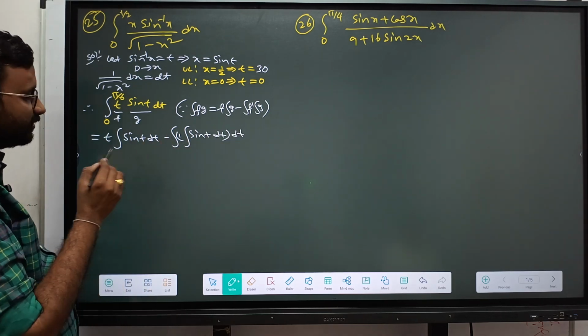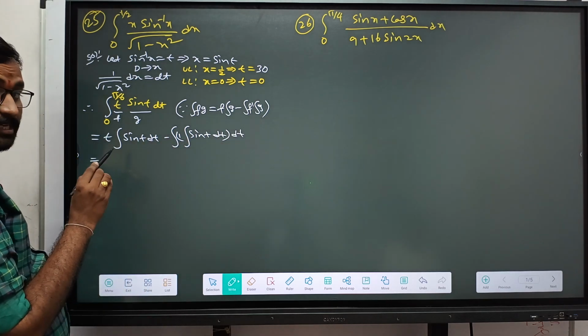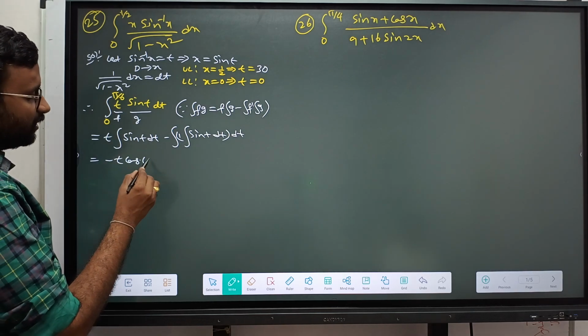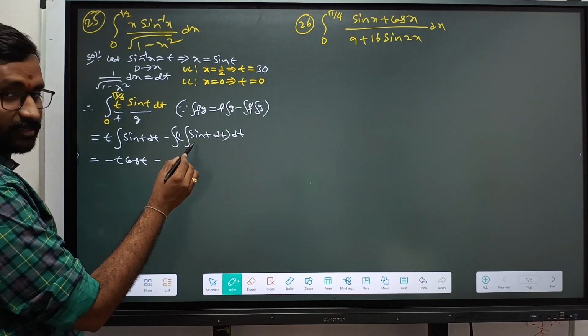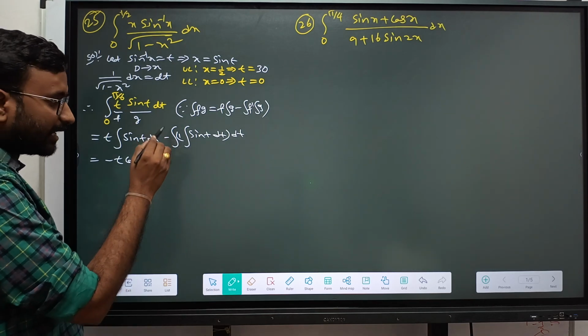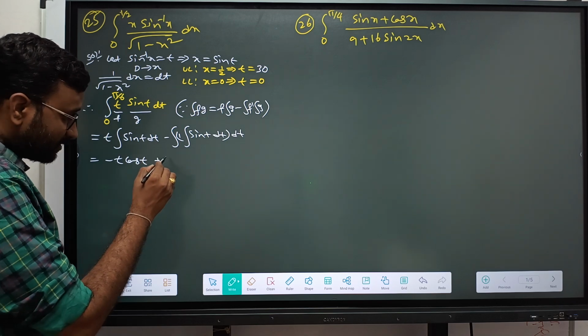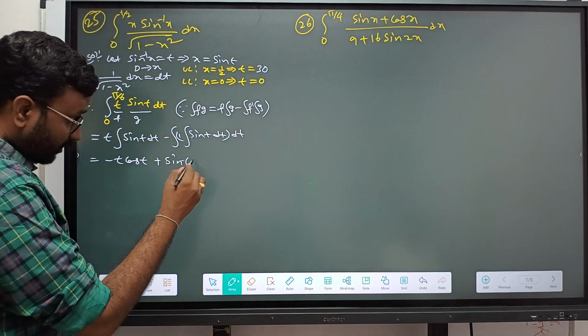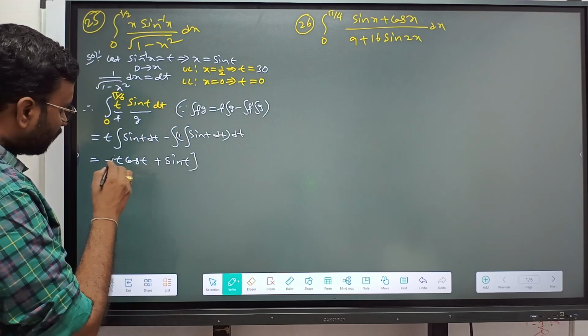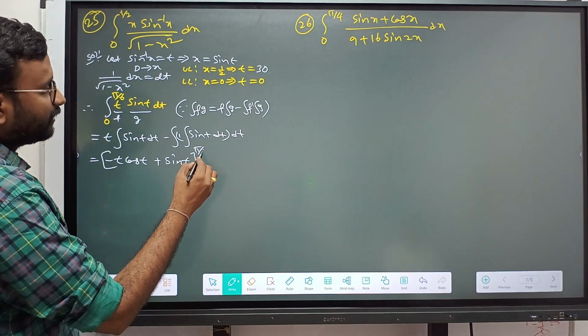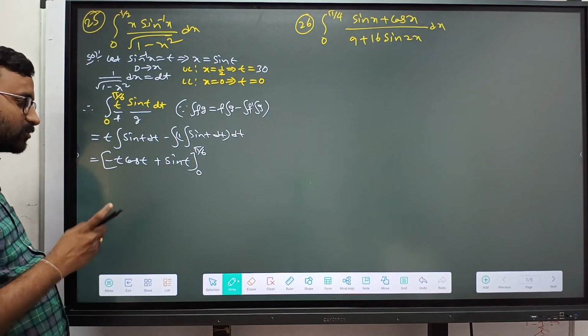We will write the limits later. Which is equal to minus t cos t minus integral of minus cos t, again, which gives plus sin t. What are the limits? 0 to 30, that is pi by 6. Now substitute the limits.